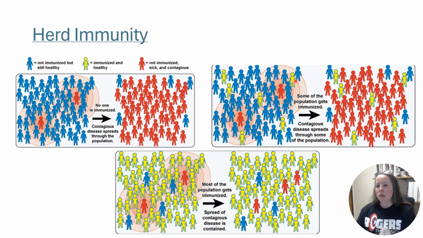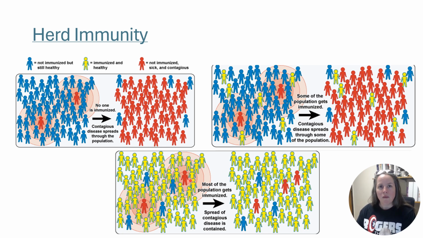Now, if some people are vaccinated in the population, very few here, right? We only see about 6 people vaccinated in this population, you're still going to have quite a bit of spread. We don't have a shield yet really built to protect everyone. But this is what we're aiming for.